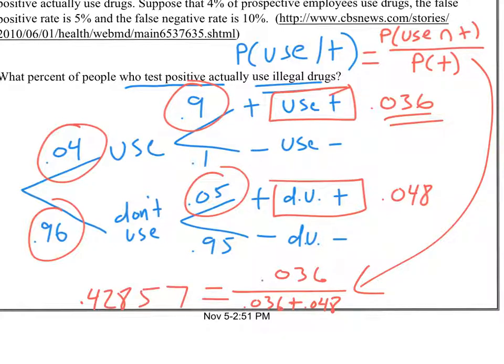Crunch those numbers, and we would get 0.4287, which is an interesting probability because on one hand, the problem told us if they're using, there's a 90% chance they'll test positive. But even if we do get a positive test, there's still just a 42% chance that they're actually using. Yeah. What you would actually see in reality, I don't know, based on the test that they're using, there are more accurate ones and less accurate ones.